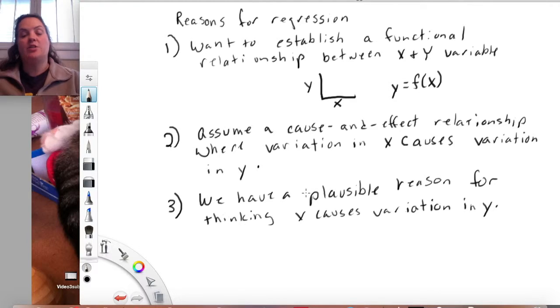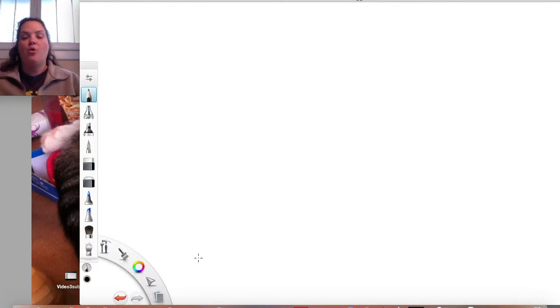And I should say, since we're dealing with biological reasons, we have a plausible biological reason for thinking x causes variations in y. So what do I mean by a plausible biological mechanism? Well, we need to have some sort of hypothesis or reason, biological reason, we think that one of these variables is changing the other variable.